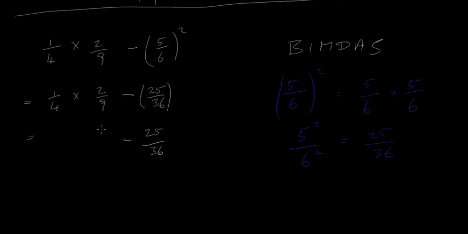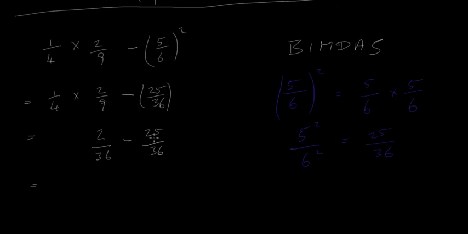So 1 times 2 is 2. 4 times 9, 4 9s, 36. So this is handy. We have a 36 as our denominator here, 36 as our denominator here. So what have we got? We've got 2 of these 36s, and we're subtracting 25 of these 36s.